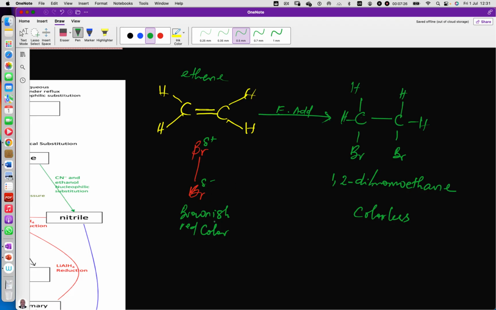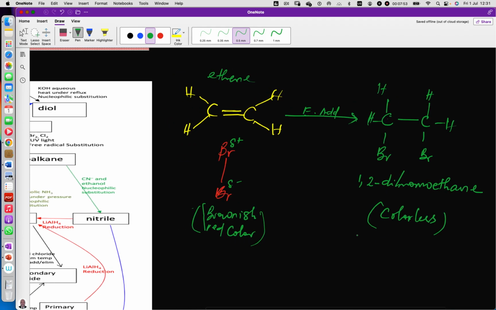So the bromine water, which is a brownish red color, will be decolorized by the alkene as a result of the breaking of the double bond due to the formation of 1,2-dibromoethane. This is colorless. That is an observation in the lab.